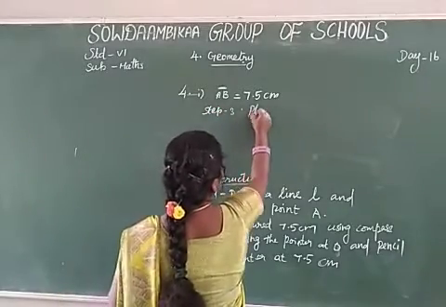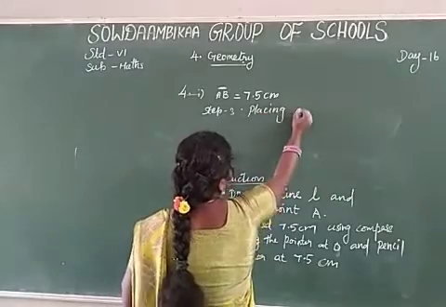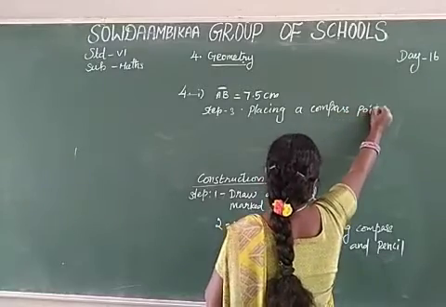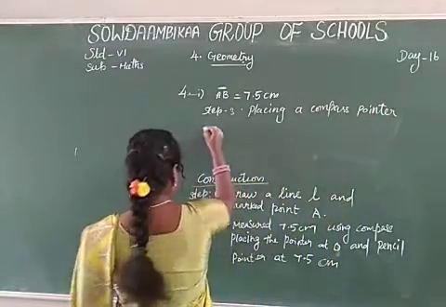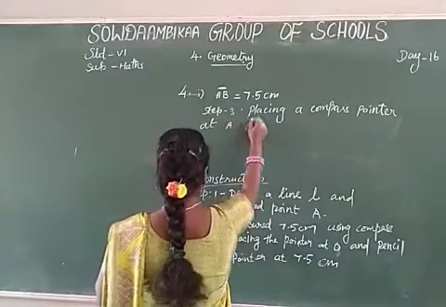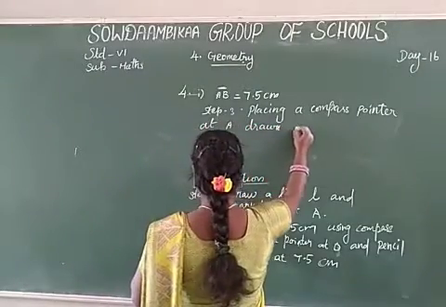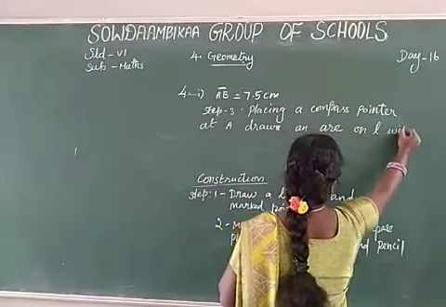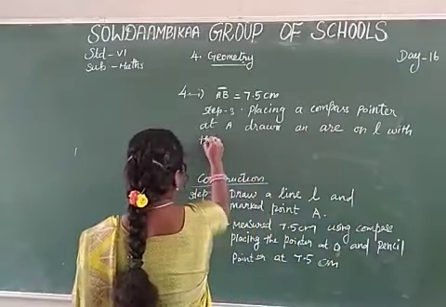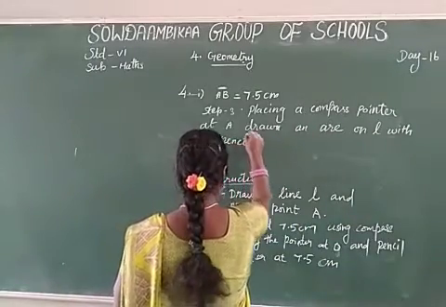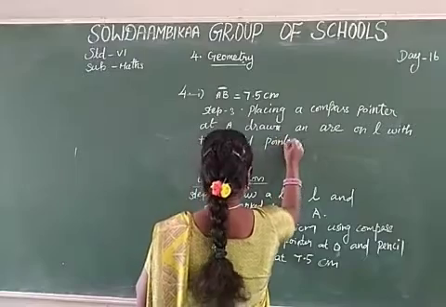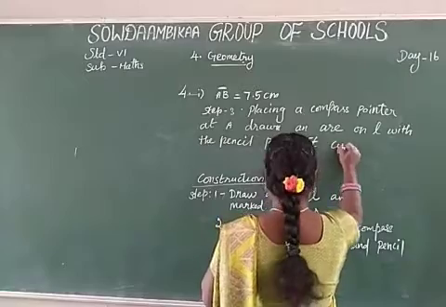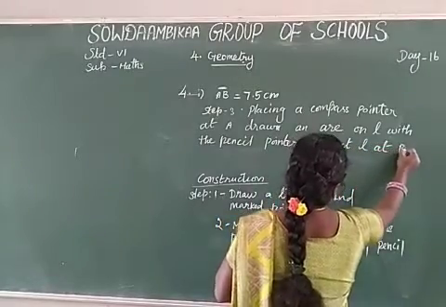Placing the compass pointer at A, draw an arc on L with the pencil pointer. It touches L at B.